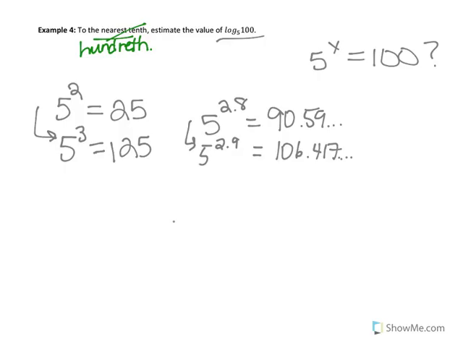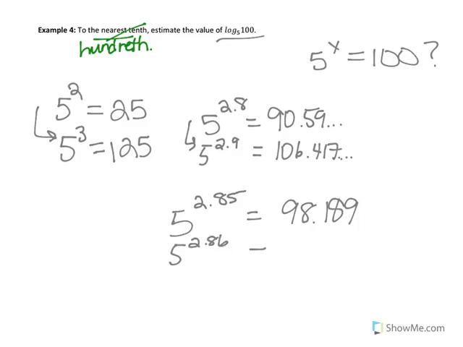So let's try 5 to the power of 2.85. I get 98.189. So that's pretty close, but I bet we can get closer. Let's try 5 to the power of 2.86. For this one, I get 99.782.